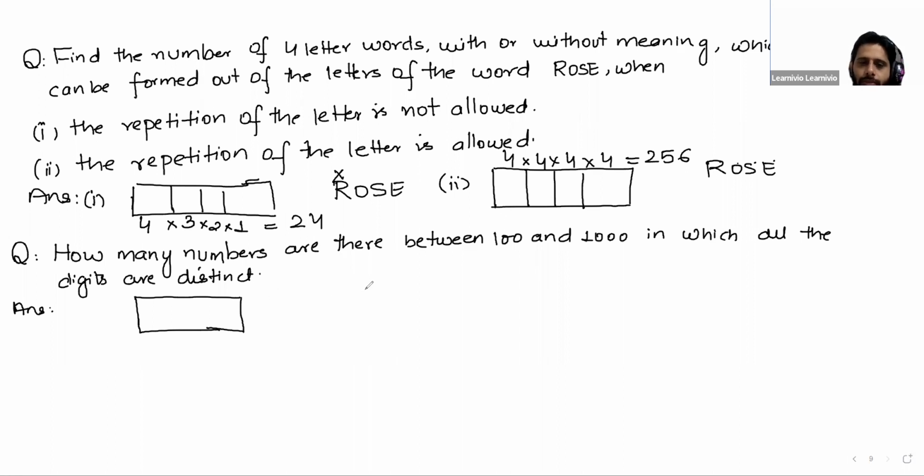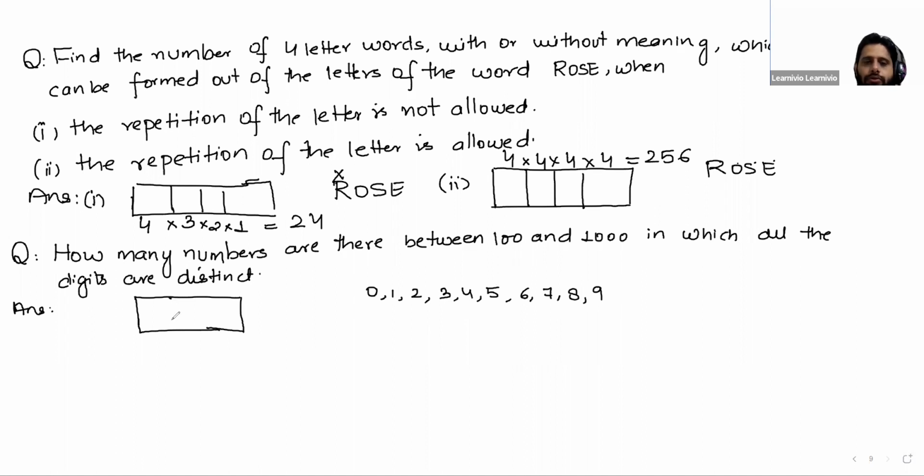Krishna, can you tell me how many digits do we have? 0, 1, 2, 3, 4, 5, 6, 7, 8, and 9. Okay, these digits we have, and how many digit number is this? It's 10, sir? How many numbers are there between 100 and 1000?